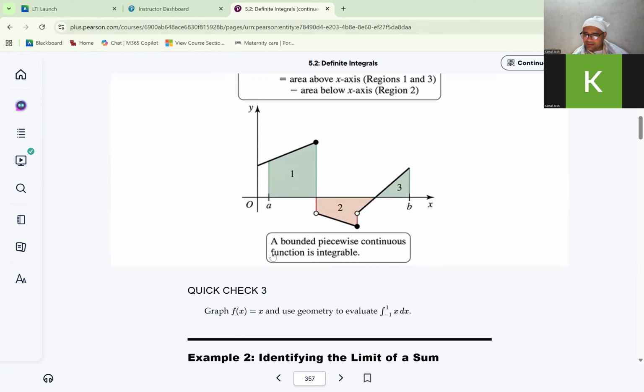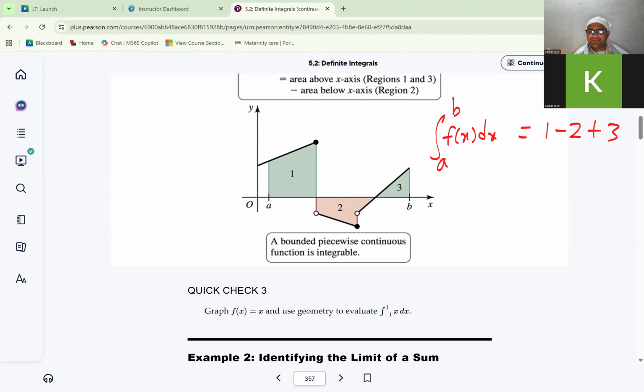And then here is a concept like I was saying before. In this case, the integral from a to b of the function f of x dx would be 1 minus 2 plus 3. Now, I don't mean the values 1, 2, and 3 as they are, okay?